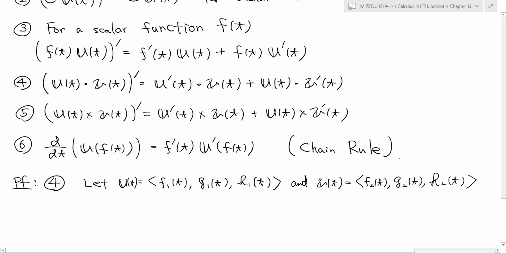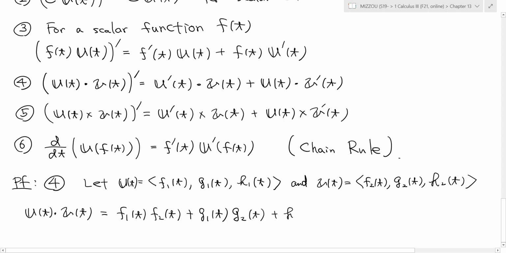Okay, and then let's just compute the dot product. The dot product of those two is just a sum of the products: f1(t) f2(t) plus g1(t) g2(t) plus h1(t) h2(t). So that's a dot product.